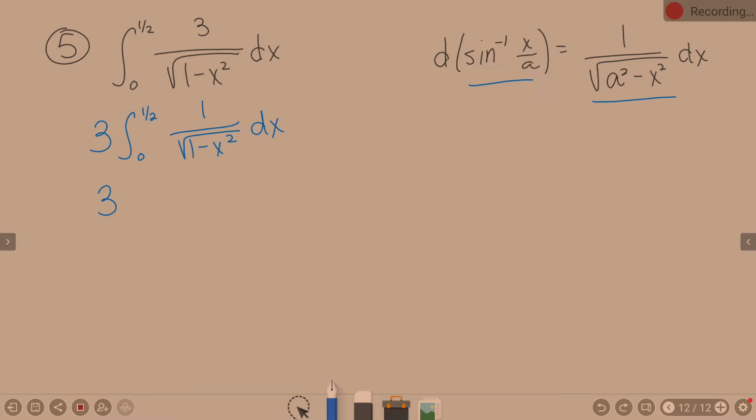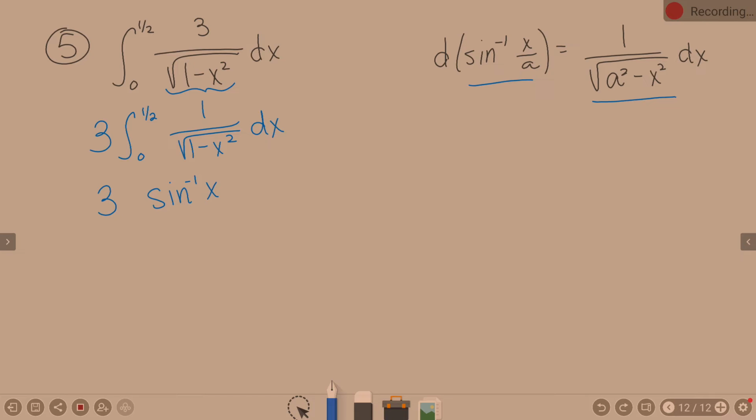So what is the integral of 1 over the square root of 1 minus x squared? You have to recognize this part right here as sine inverse x. Officially, should I say sine inverse of x over 1? Because what is our a value?